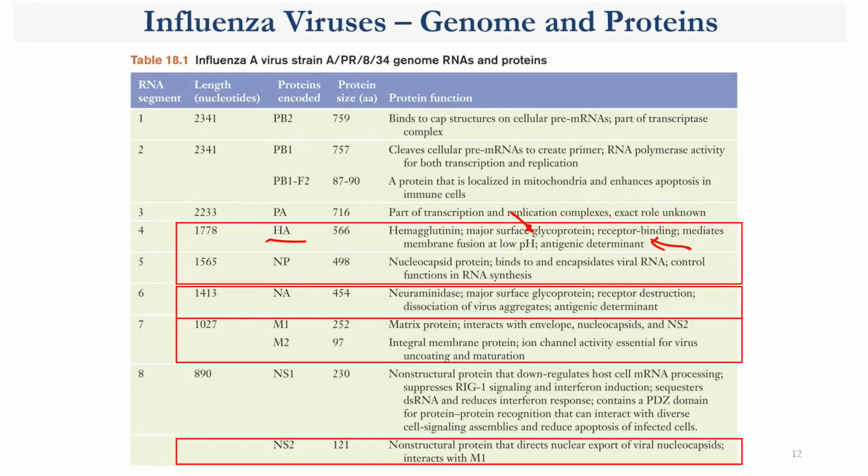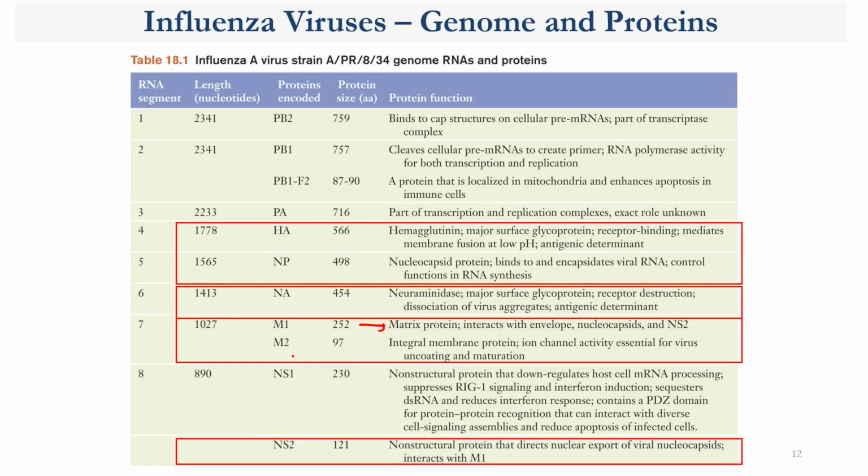And we'll come back to that in a bit. Then you have your neuraminidase, which is again a major surface glycoprotein. And this can actually result in destruction of the receptors. It can result in dissociation of viral aggregates and also is an antigenic determinant. You have your M1, which is the matrix protein, which interacts with the envelope, the nucleocapsid, as well as NS2.